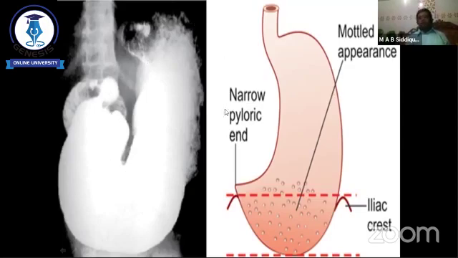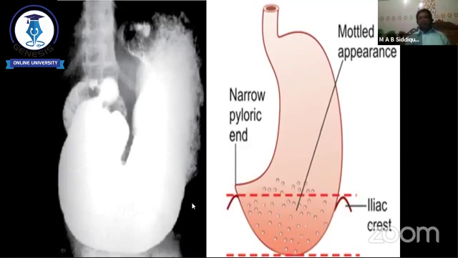But as we want to see the stomach, the name changes to barium meal. If we look at this X-ray, there is a hugely distended stomach, and the dye does not pass beyond the pylorus.